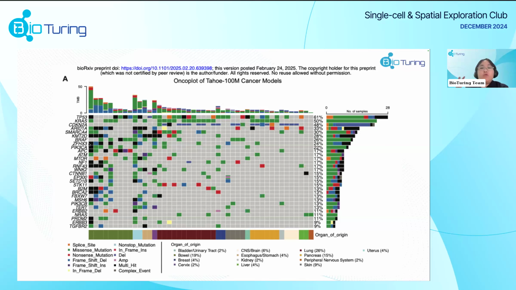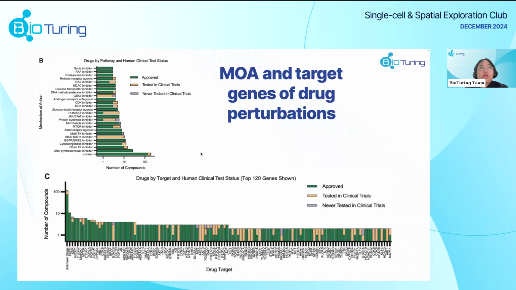Okay, that's an overview about what mutations we can see in the cell lines. And now we can shift our focus to the drug perturbations themselves. We'll see what kind of drugs we have and what the targets are. Yeah, so in this data set, the authors included almost 400 small molecule compounds used to treat each of these cancer cell lines.